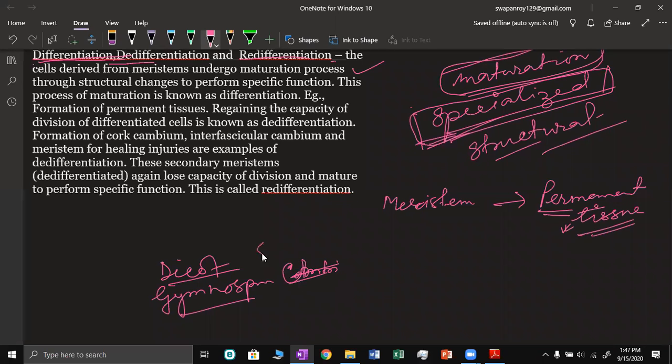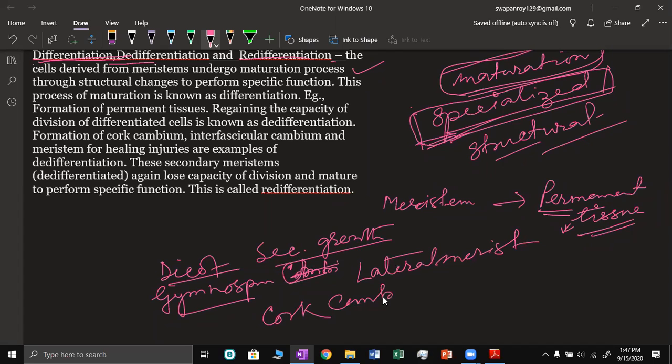Secondary growth is there, and secondary growth is by lateral meristem, that is, cork cambium and the interfascicular cambium.